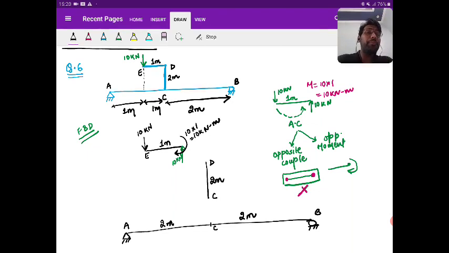Now what I said, the moment, that is couple, can be balanced in two forms. One, either by the opposite couple, and other by the opposite moment. The opposite couple you can apply only when there are two positions in the member where you can observe the resistance. Getting the point?